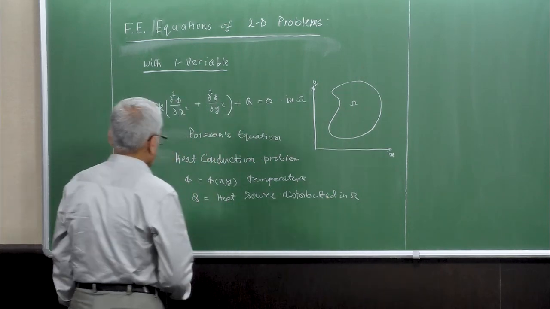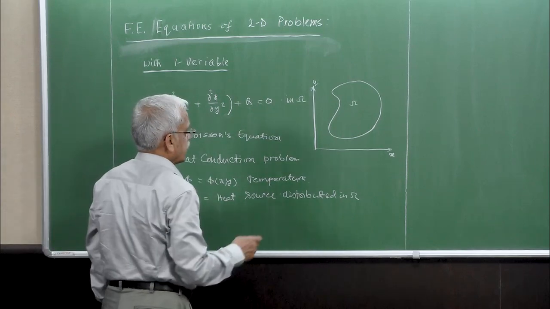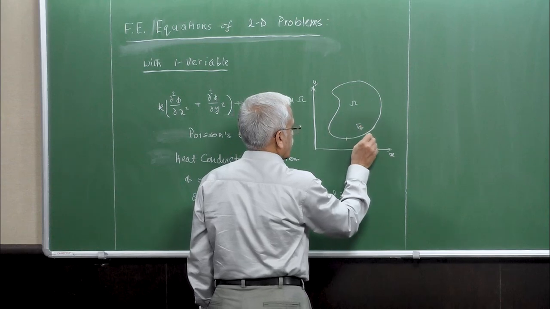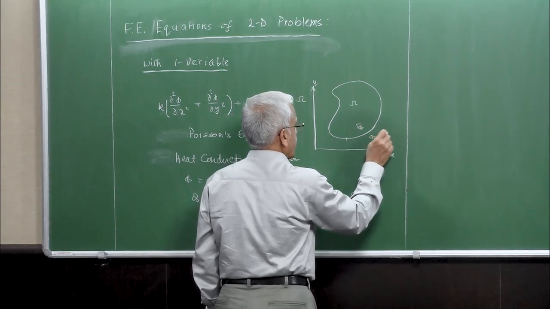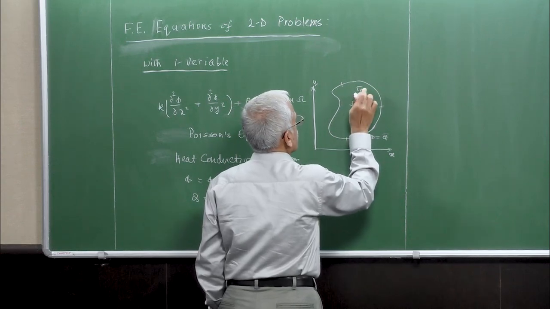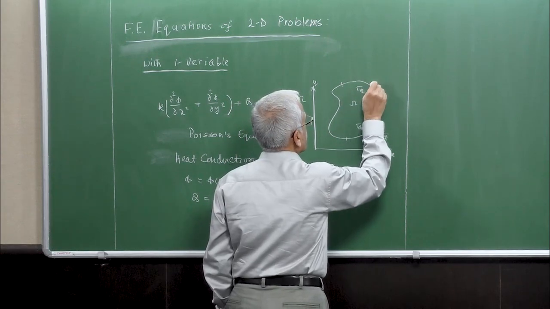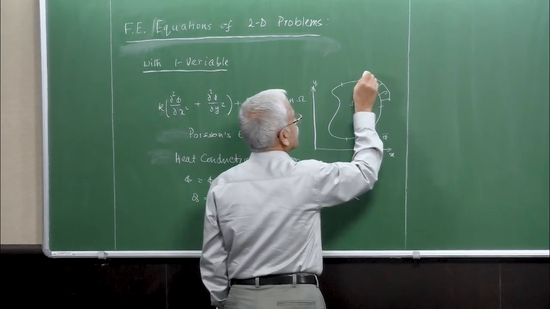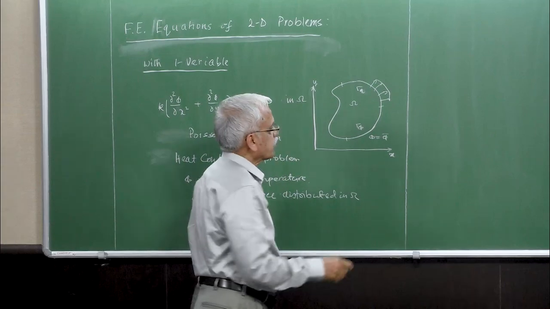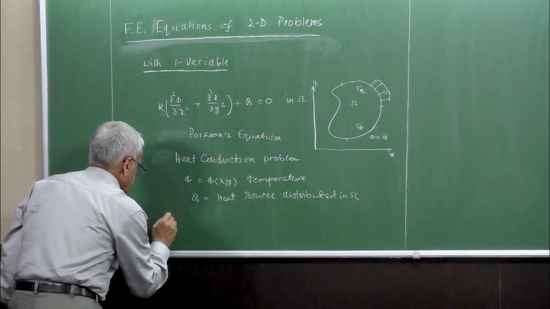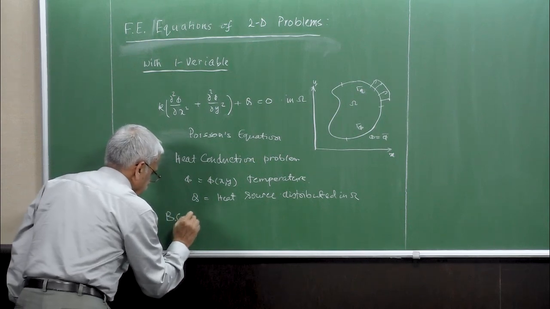And then the boundary conditions: K is the conductivity, and the boundary conditions are the heat flux boundary condition here on gamma Q. I will write it here.